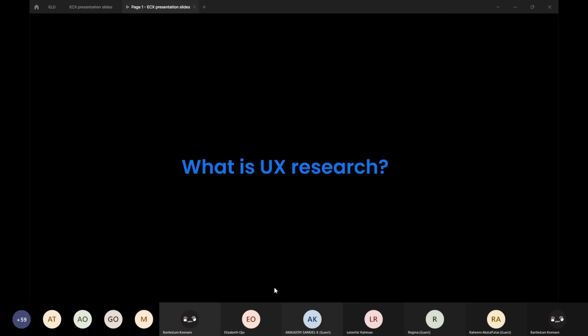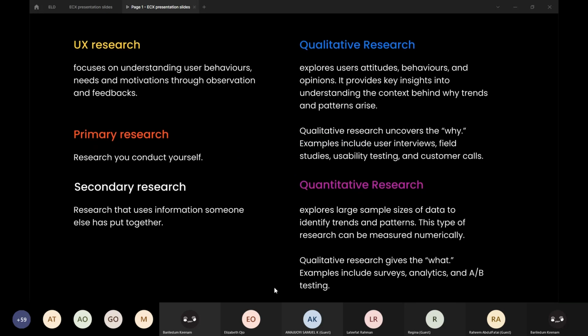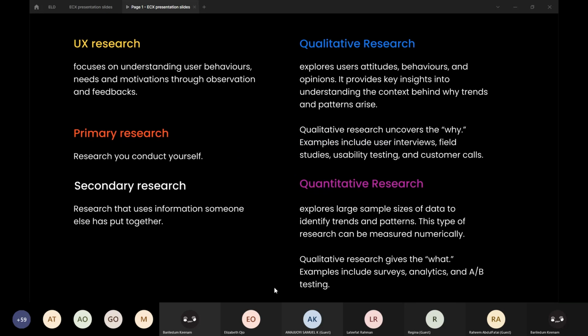Okay, so what is UX research? Next slide, please. When you hear user research or UX research, any of it, it focuses on understanding user behaviors, their feelings, their emotions, motivations through observation and feedback.